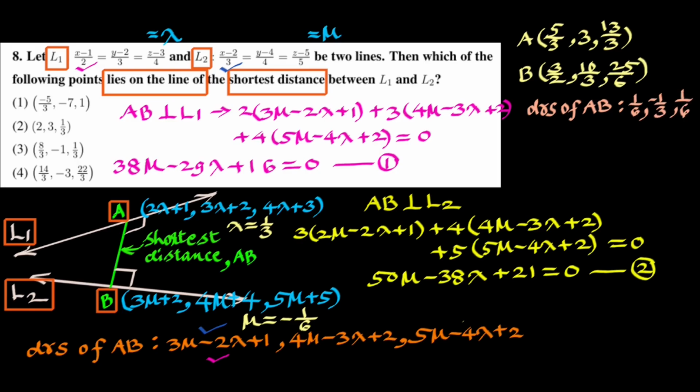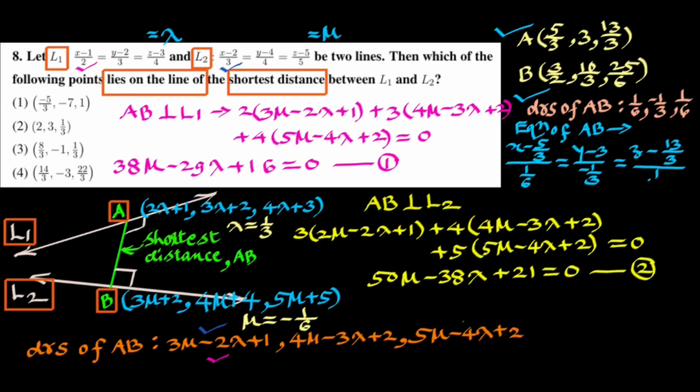Now by using the coordinates of point A and the direction ratios of AB, we write the equation of line AB: (x minus 5 upon 3) upon 1 upon 6 equals (y minus 3) upon minus 1 upon 3 equals (z minus 13 upon 3) upon 1 upon 6.